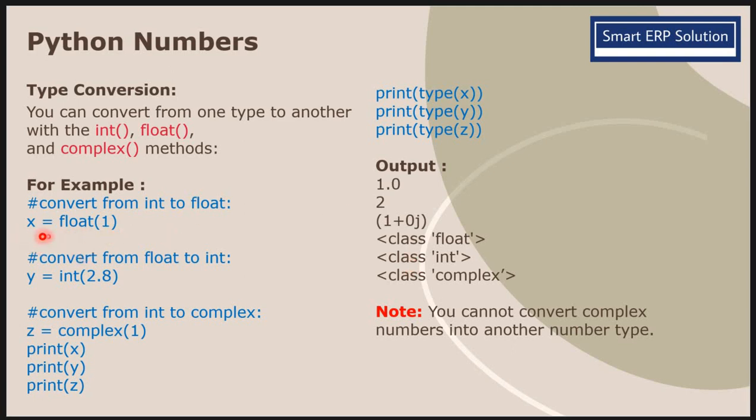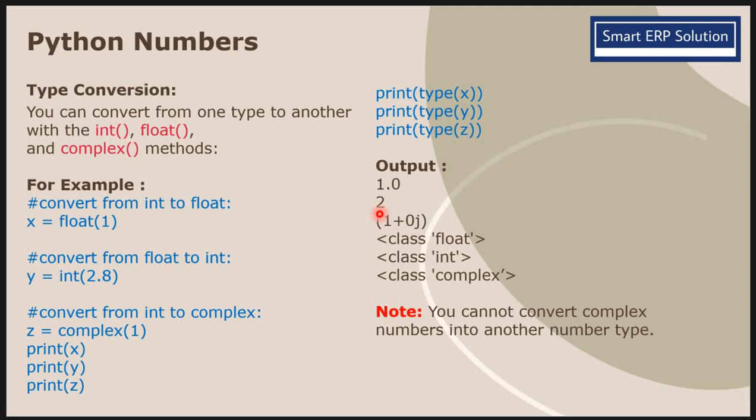For x equal to float 1, it will be displayed as 1.0, because the float function will convert this integer value to a float value like 1.0. For this statement, we will get the output as 2, because the int function converts this float number 2.8 into an integer number.